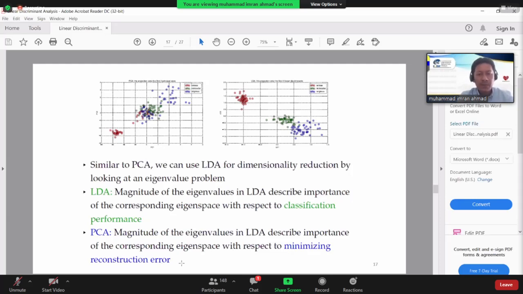So these are two projections. For PCA, we assume that our eigenvector will produce very minimum reconstruction error. But in LDA, our eigenvector will produce better separations, which at the end will contribute to the highest classification performance. So this is the difference between PCA and LDA.